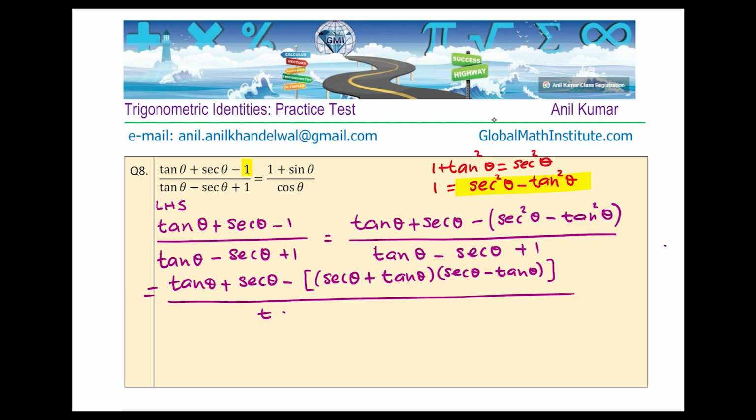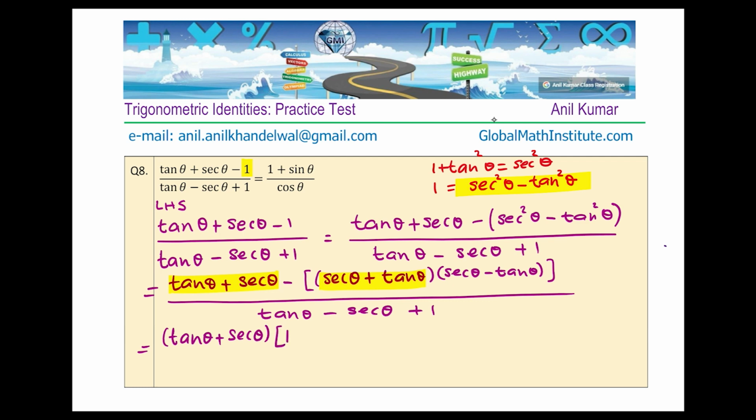Divided by, we have tan theta minus secant theta plus 1. Now, as you can see, tan theta plus secant theta is a common factor, correct? So we are using this as a common factor to factor. So we get tan theta plus secant theta as a common factor.